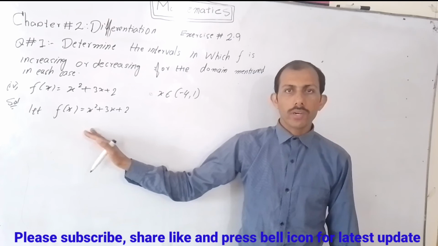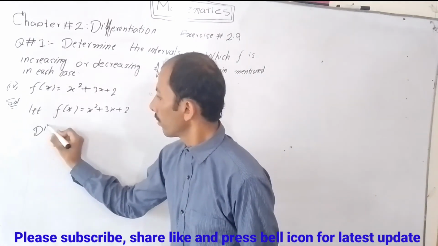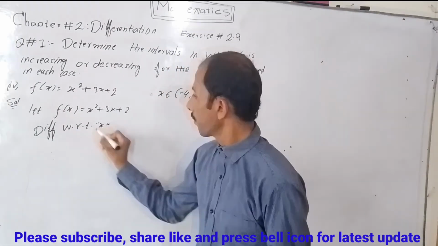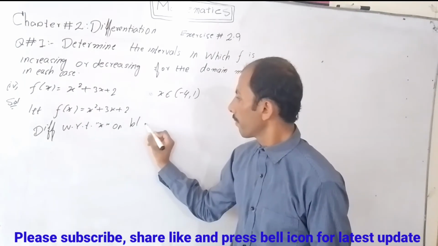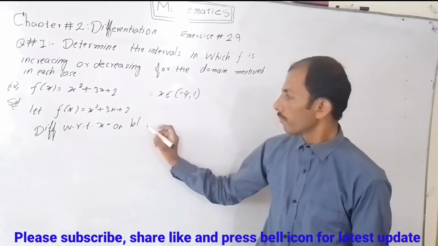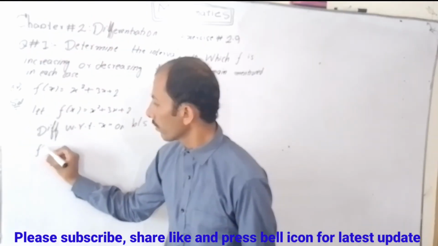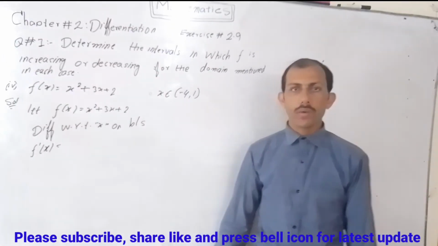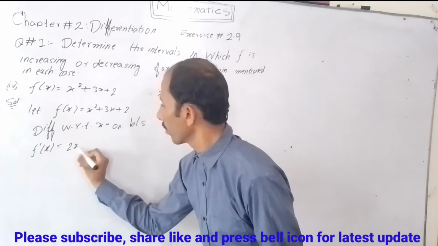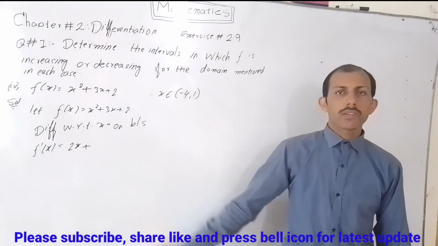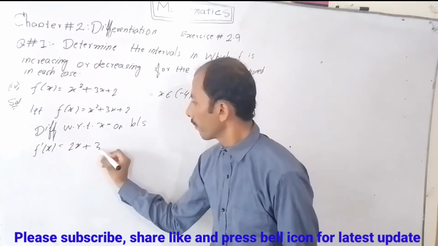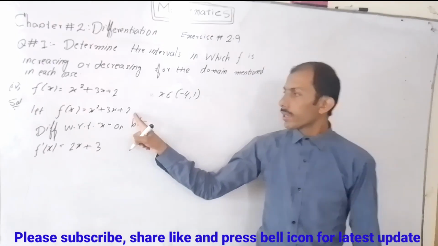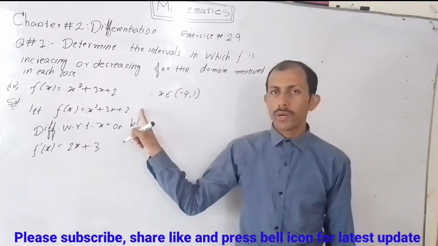Differentiate with respect to x on both sides. f prime of x is equal to the derivative of x square, which is 2x, plus the derivative of 3x, which is 3, plus the derivative of 2, which is 0, because 2 is a constant.